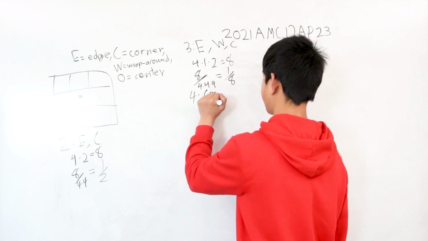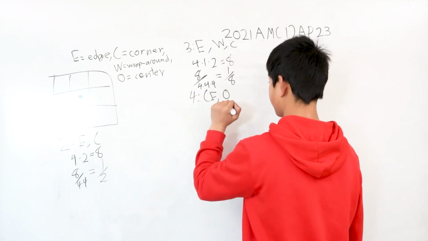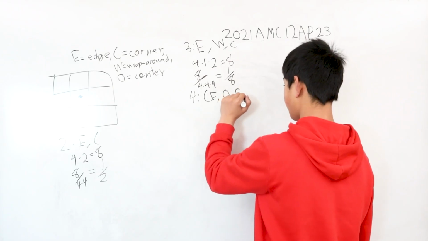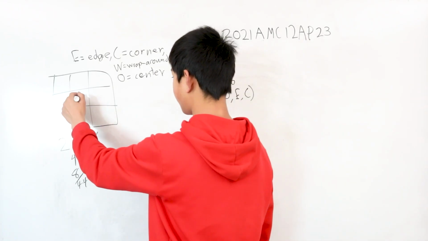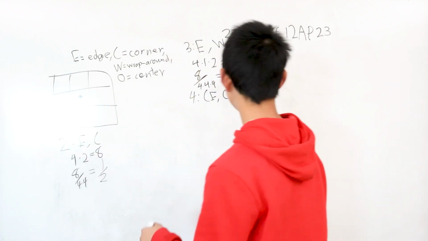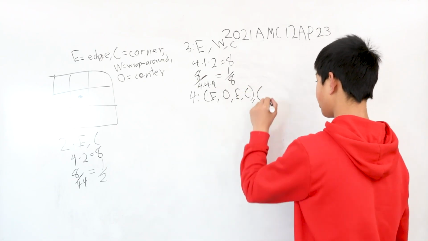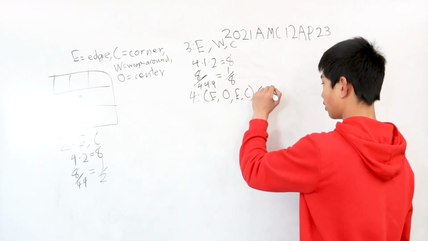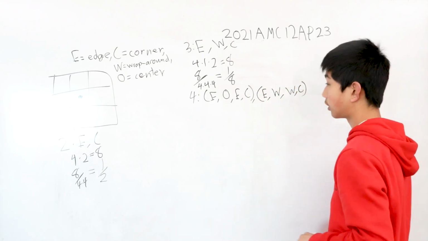And then for 4 hops, there are 2 ways you can go about this. First hop goes to an edge, second goes back to the center, and then third to an edge again and then a corner. So if you go from here, you go to this block, back here, and there. And then there's another possibility where you go edge, wrap around, wrap around again, and then go to a corner.